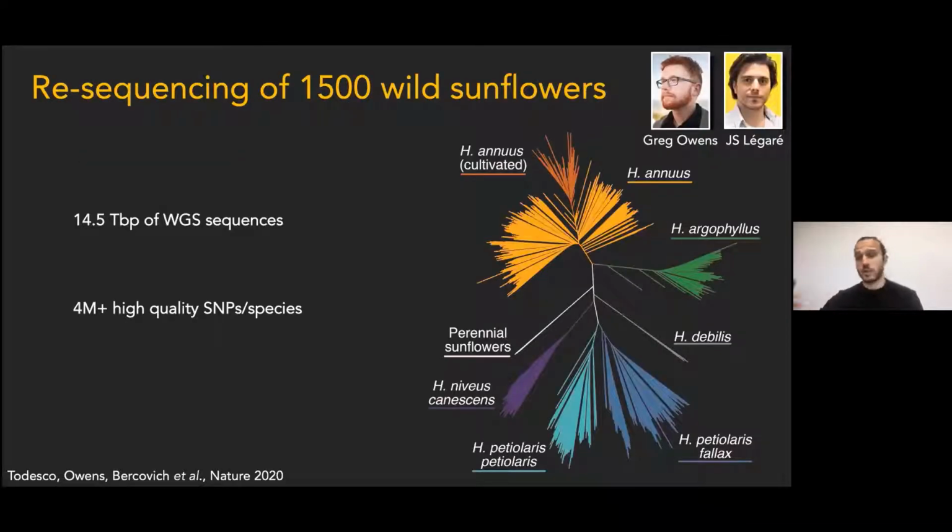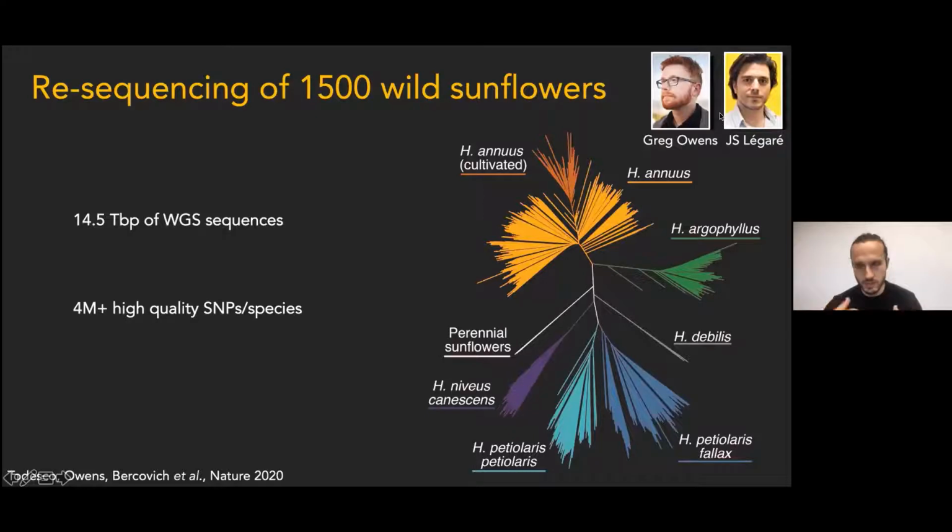Because we not only grew these 1,500 plants in the common garden that I showed you before, but we also resequenced all of them. As you know, sunflowers have fairly large genomes. These species in particular range between 3.2 and 4.5 gigabases. So it was a large sequencing effort to be able to sequence them all. And this is really thanks to Greg and JS, who wrangled with all this data and managed to make sense of it.